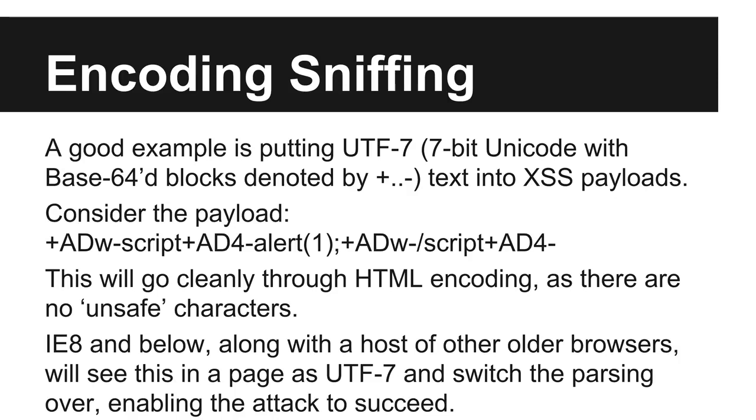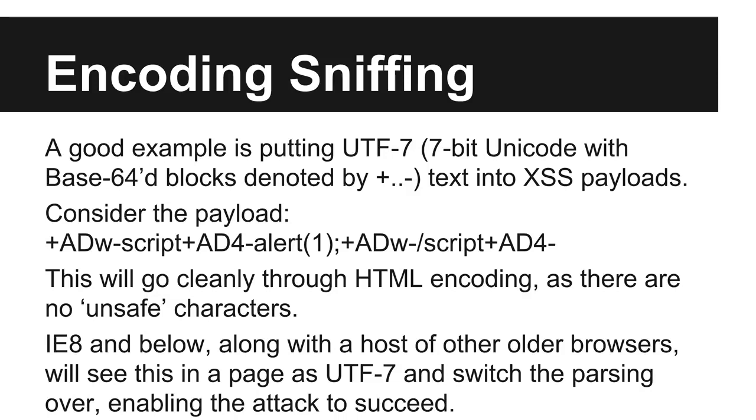You basically have a base64 block that's blocked off with a plus and a minus, and that will decode to that character. So you can see the payload there is really just a script tag with an alert in it. This will go straight through HTML encoding. So if you throw this on Facebook, it will go there no problem. There are no unsafe characters there. But there are unsafe UTF-7 characters.